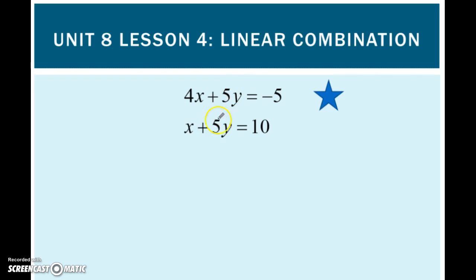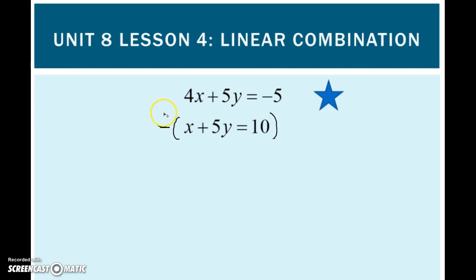So I'm going to work to try to get these two to cancel out. But since they're not opposites, instead of adding, you're really subtracting. You can think of it as subtracting each of those terms. When you're setting it up, I would recommend that you set it up so that you subtract each term.